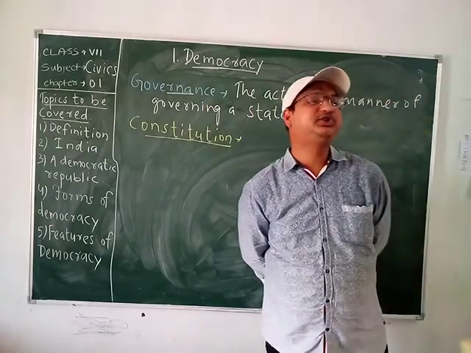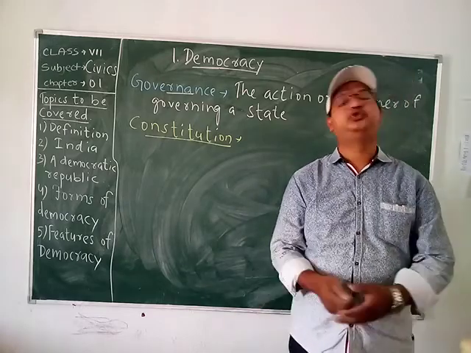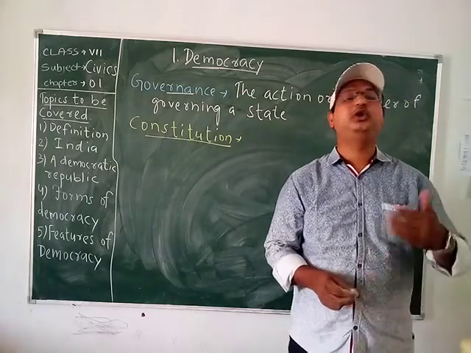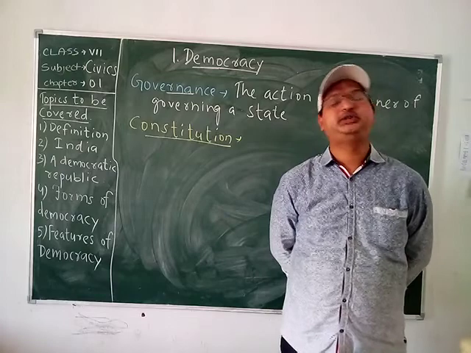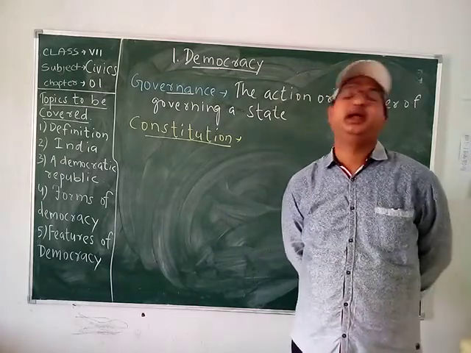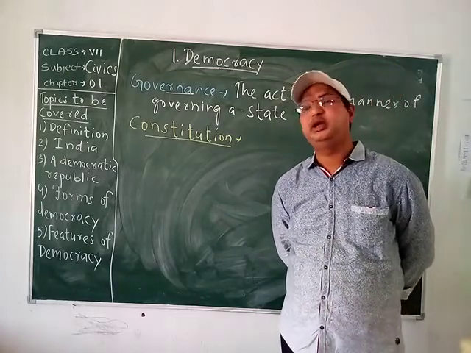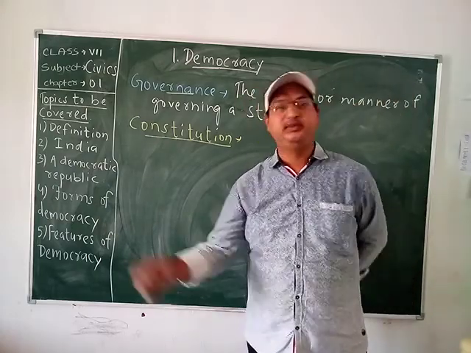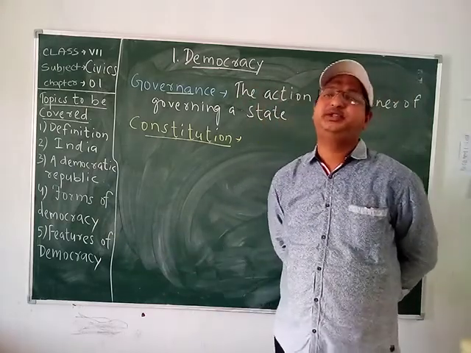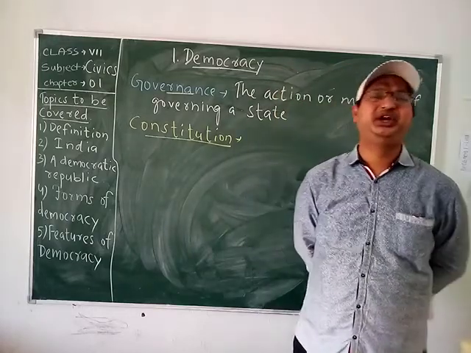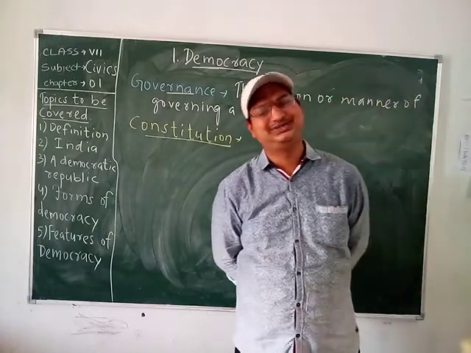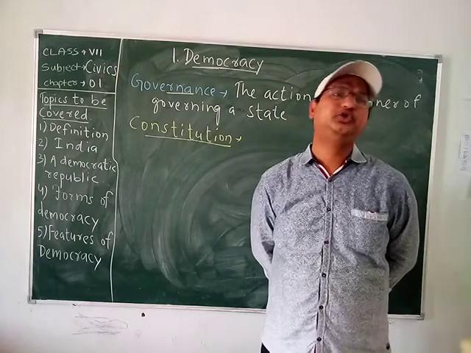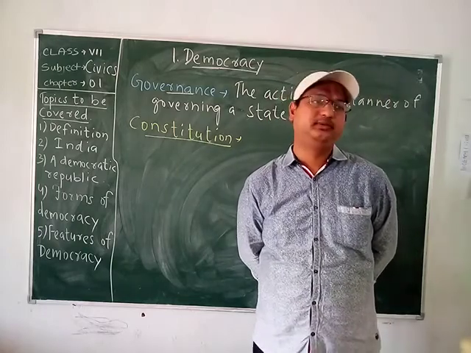A democratic constitution guarantees the right to equality to all its citizens. No distinction is made between any citizen. He may be a rich person, he may be poor, it may be a female, it may be a male. On the basis of caste, creed, gender, sex, everybody should be treated equal.